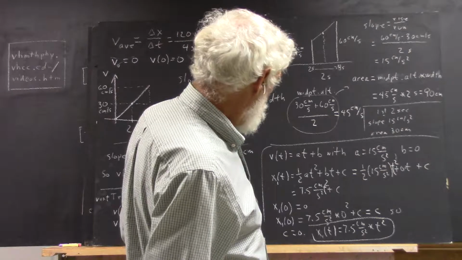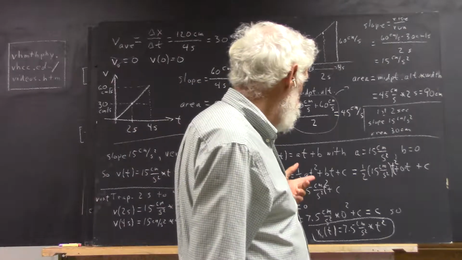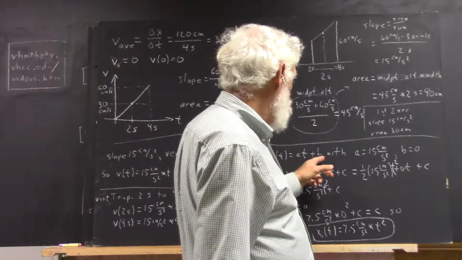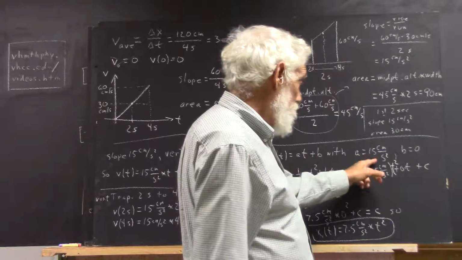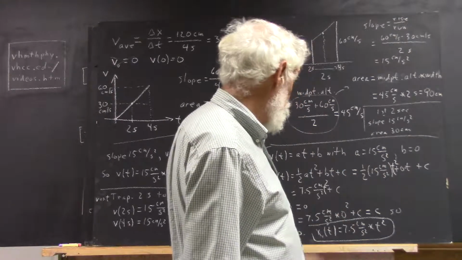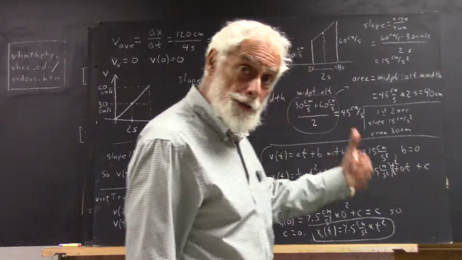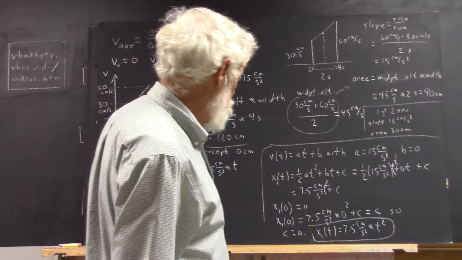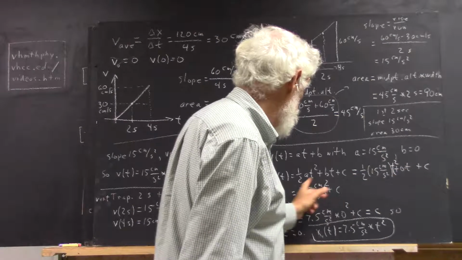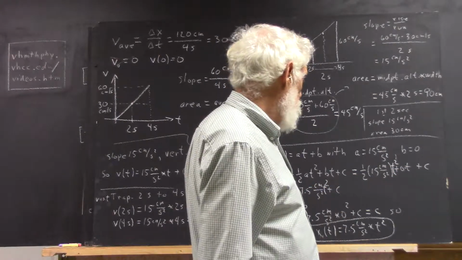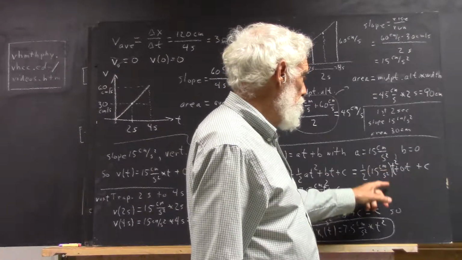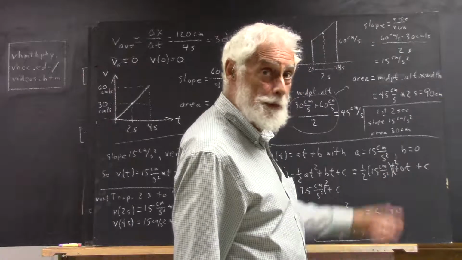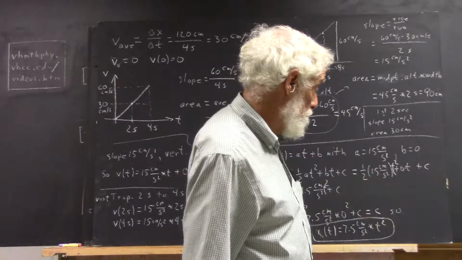Okay, v of t is at plus b. A, as we saw, is 15 centimeters per second squared, and b, your vertical axis intercept, is 0. Right there it is in this graph. We've written it down a couple of places. So we plug those into this form, and we get 1/2 15 centimeters per second squared times t squared. I admit I didn't write that t squared when I wrote this down.